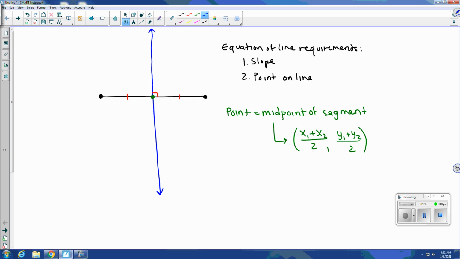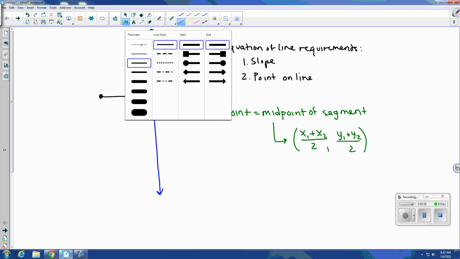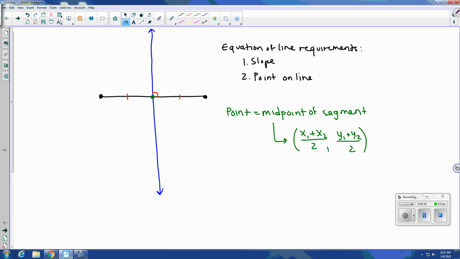Now, once we have the point it passes through, or the point on the line in which we are trying to write the equation for, we now need the slope. How are we going to get the slope? Well, again, we're given the location of the endpoints of the segment. So therefore, we can find the slope of the segment.